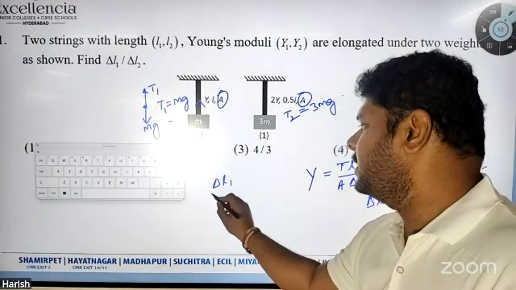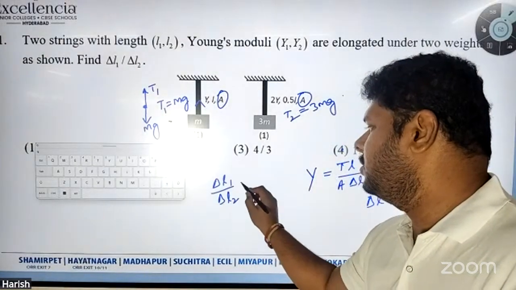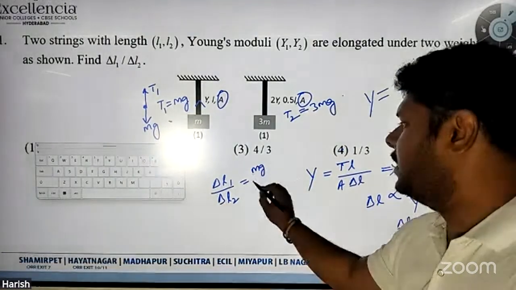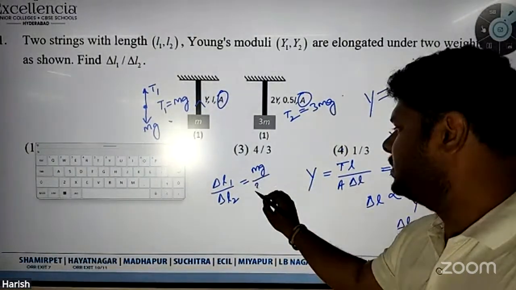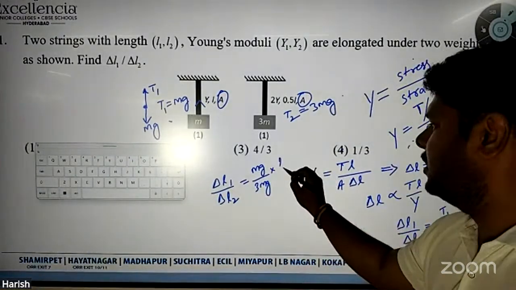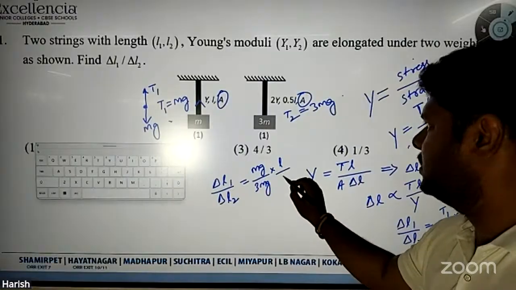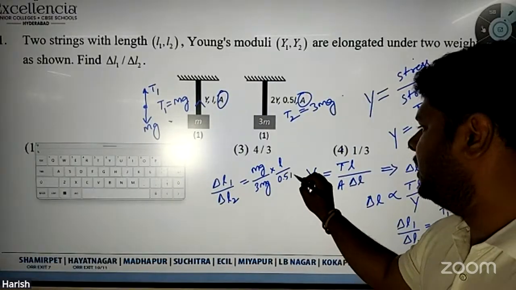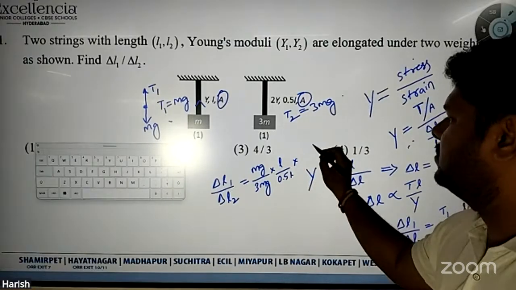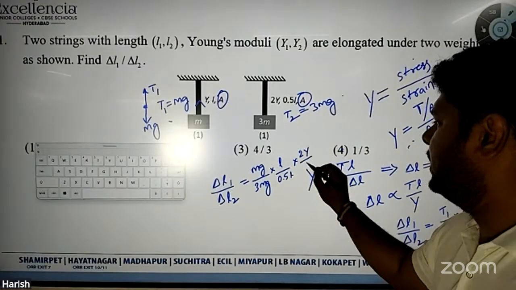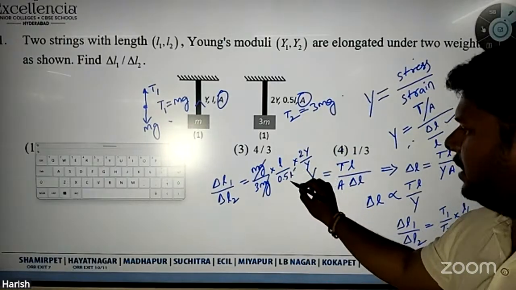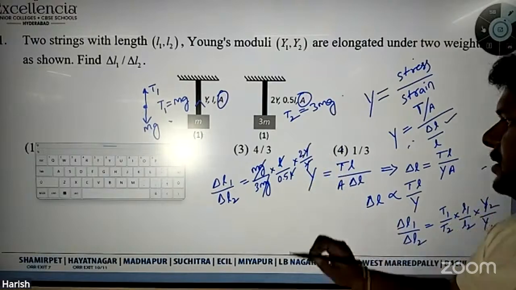Finally, I'm writing it here. You'll get delta L1 by delta L2 is equal to T1, which is mg, by T2, which is 3mg, right? L1 is L, L2 is 0.5 L. Lastly, Y2 is 2Y and Y1 is Y. So you can see mg will cancel out, L will cancel out, Y will also cancel out.